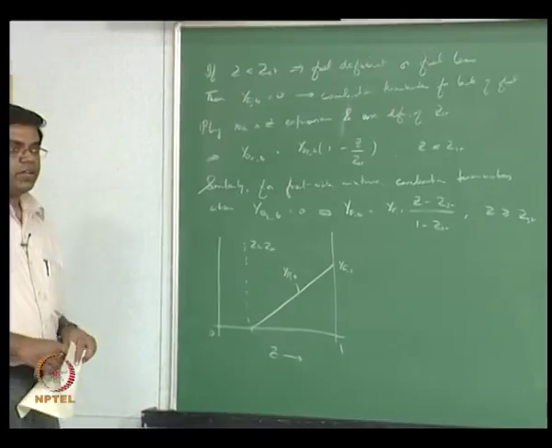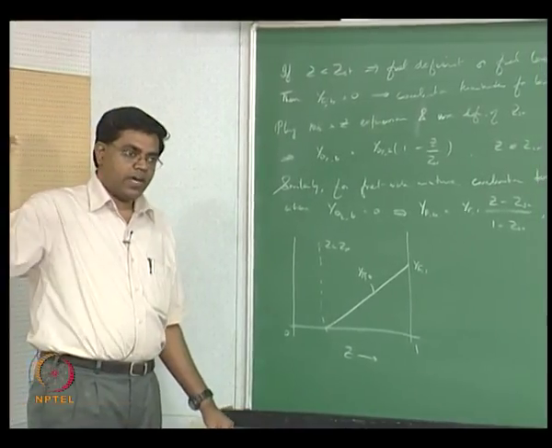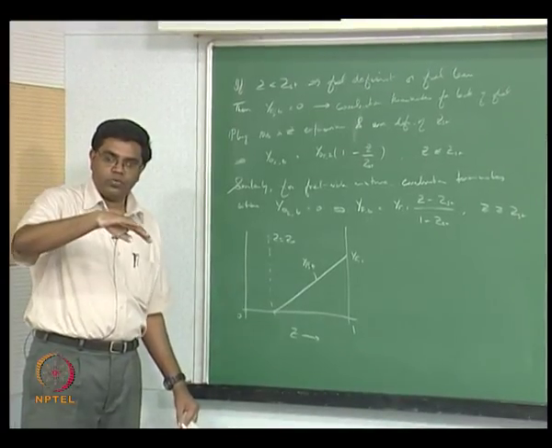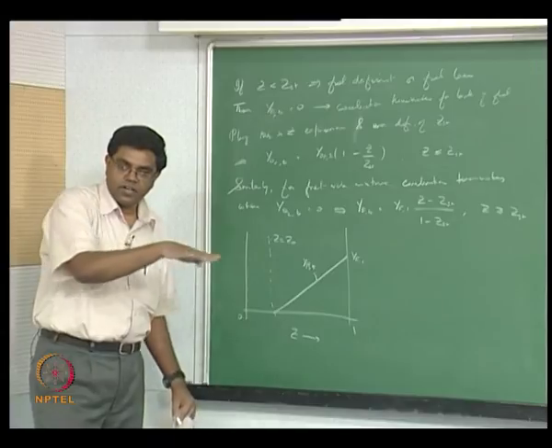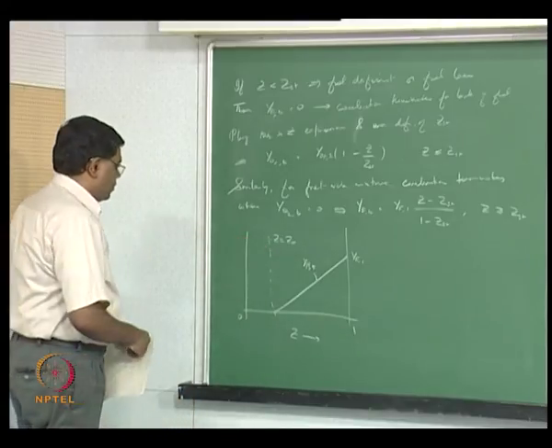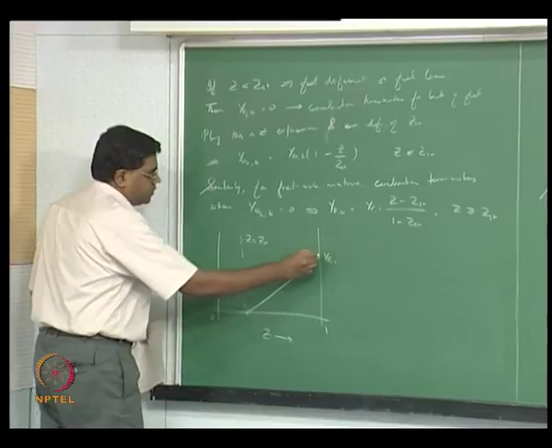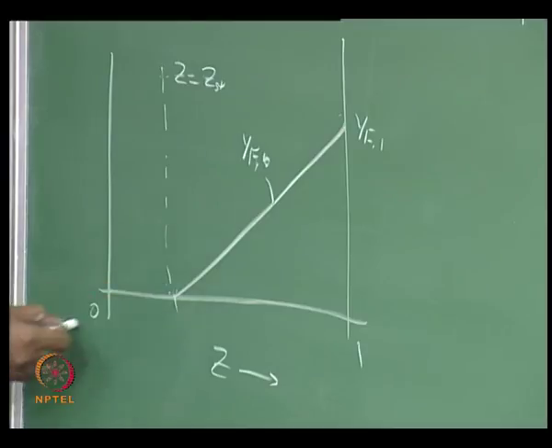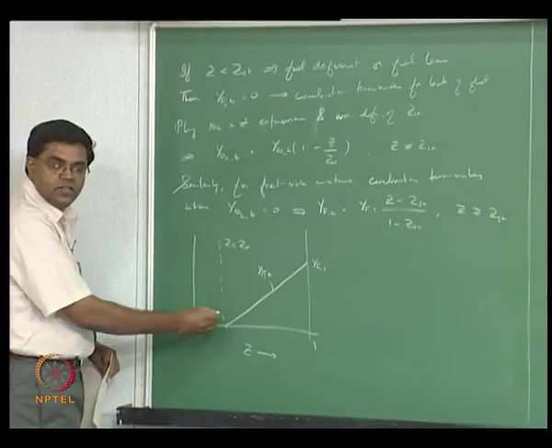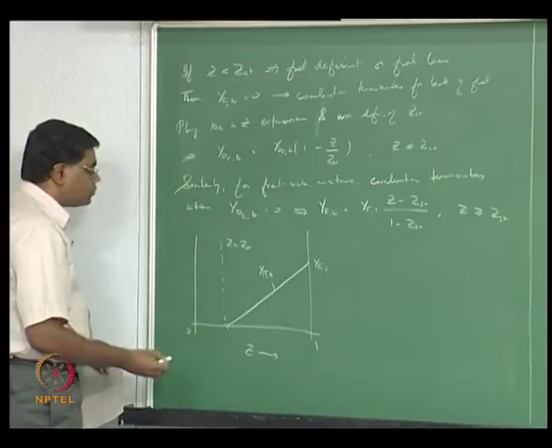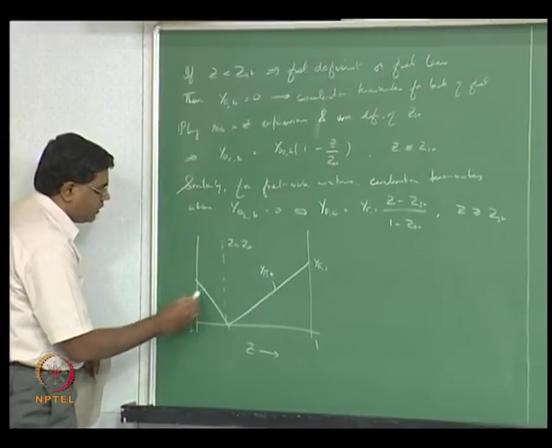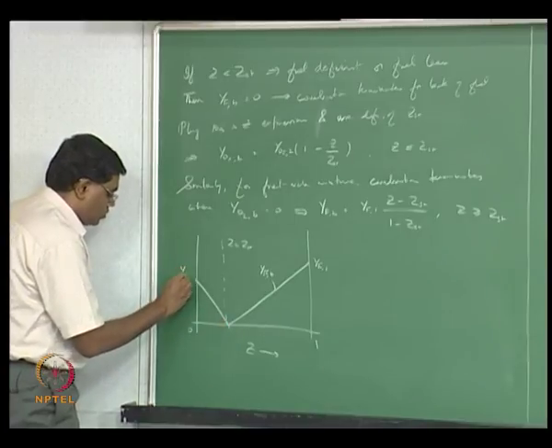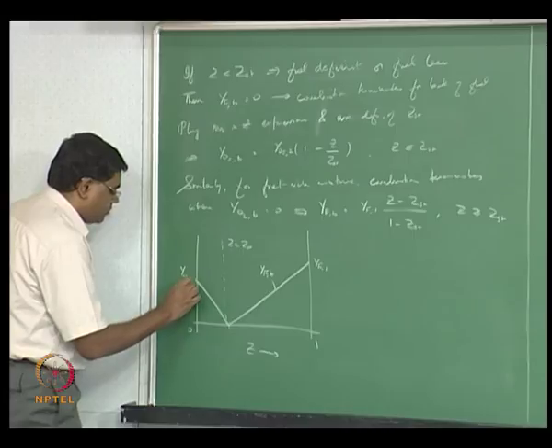And this is what we were looking at the last class, where at the flame you now have the fuel concentration go all the way to 0 and then stay flat on the other side. Okay. So here the fuel is going to go all the way from the fuel inlet stream down to 0 at the stoichiometric surface and then lie flat on the oxidizer rich side, right. And similarly you now have a straight line that goes from 0 here backwards to YO2,2 in the mixing field.